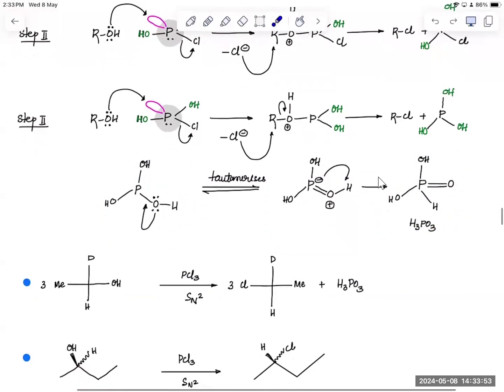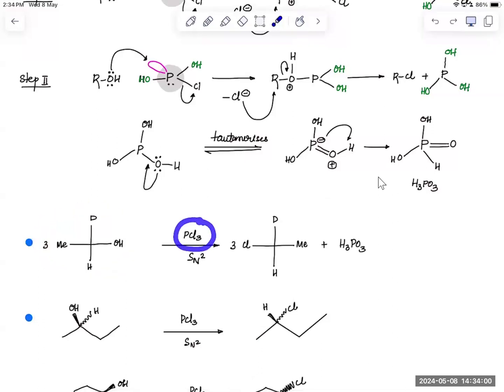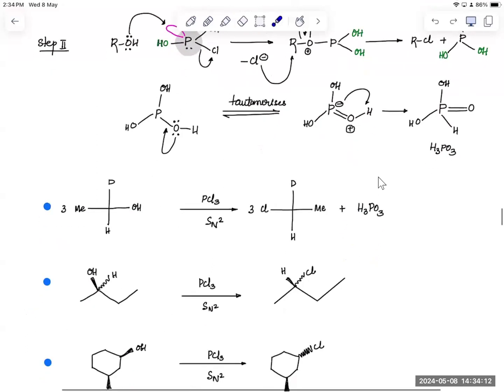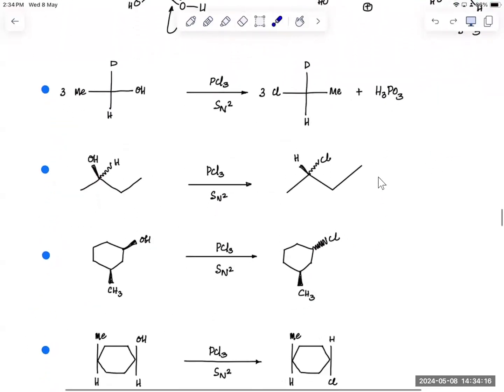So you can see, 3 moles of this, when you add PCl3, inversion will happen in all 3 moles of it. So Cl will be on this side, methyl will be on this side. You can see the product, and H3PO3 is formed. Now when you react with PCl3, again the same logic.